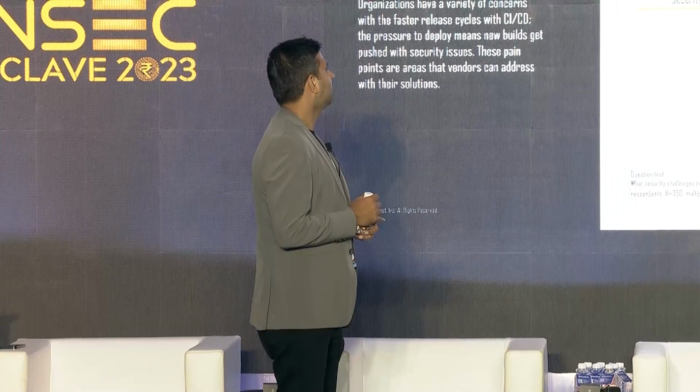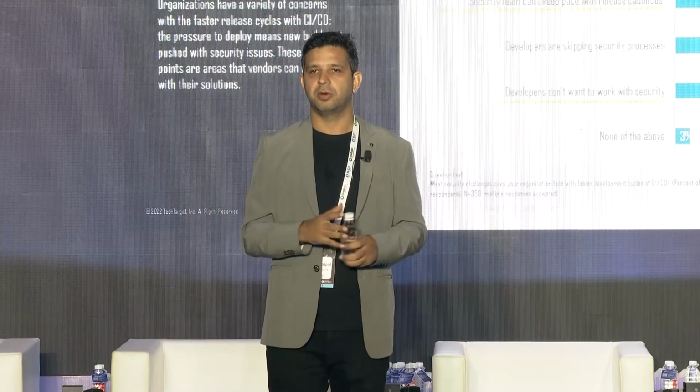And in 45%, software is released without going through security checks. Which means somebody is building software, somebody is provisioning infrastructure, and somebody is launching an application on the internet, exposing it, and the organization is not aware of it.